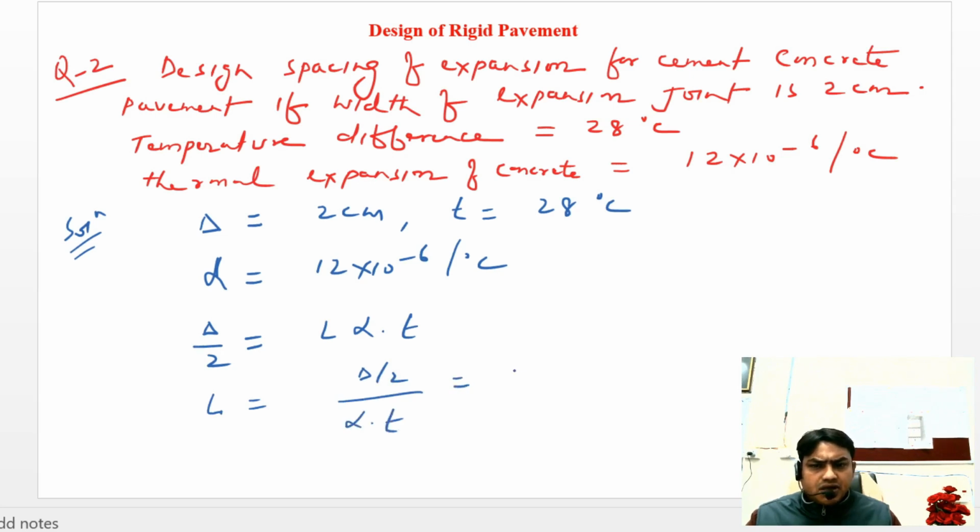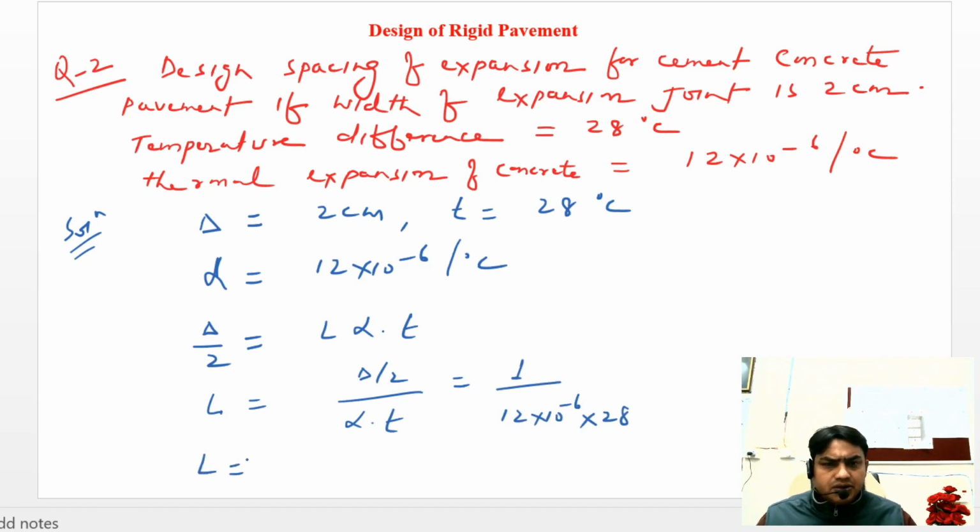So L can be computed as delta by 2 divided by alpha into T. What is delta? Delta is 2 centimeter, which means 1 centimeter, divided by alpha, 12 into 10 to the power minus 6, into the temperature difference of 28 degrees centigrade. So this value will be 1 divided by 12 into 28 into 10 to the power minus 6, which is 2976 centimeter.